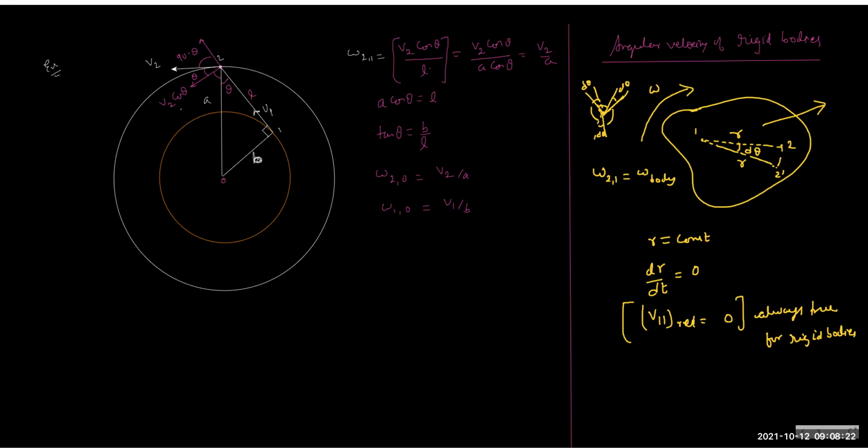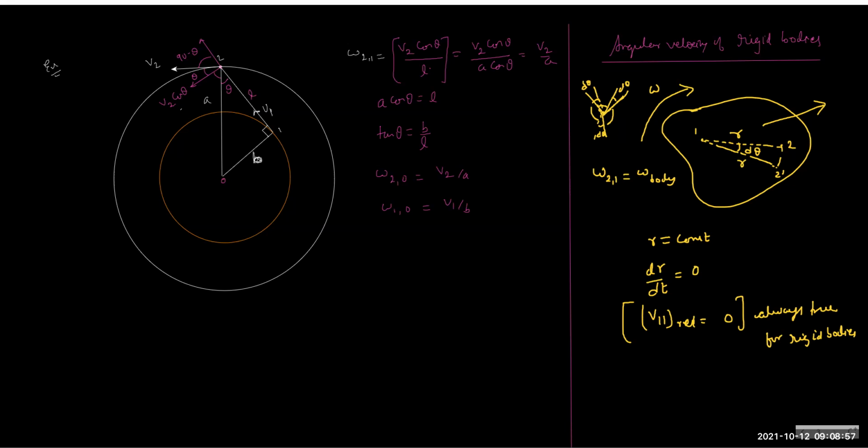So the key takeaway from the previous question and the rigid body is that dr by dt is 0. The length r cannot change, the gap cannot change. And that will give you one additional equation, which was not available in the previous case. In the case of free particles, the separation can also be variable, and therefore we learned something called velocity of approach and velocity of separation in the chapter of kinematics.